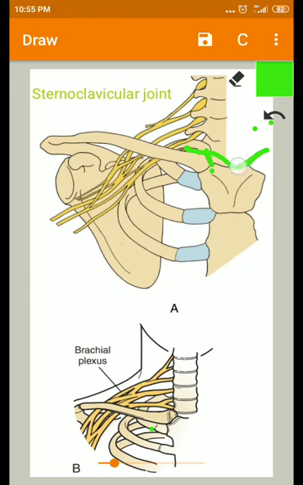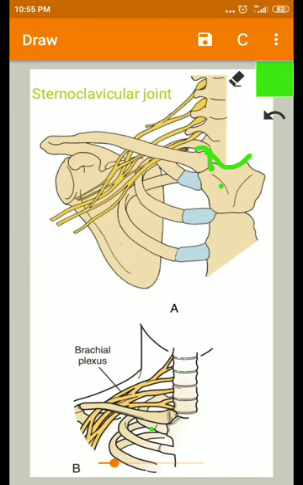So the superior portion of the sternal end of the clavicle does not have any contact with the manubrium sterni, but it gives attachment to the articular disc which is present inside the joint as well as the interclavicular ligament.